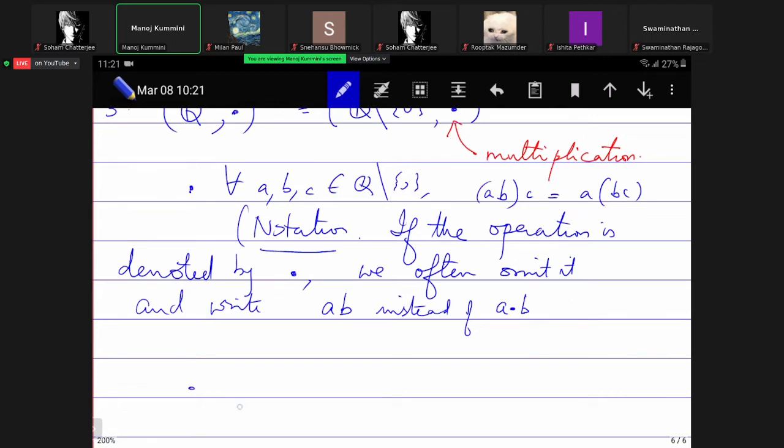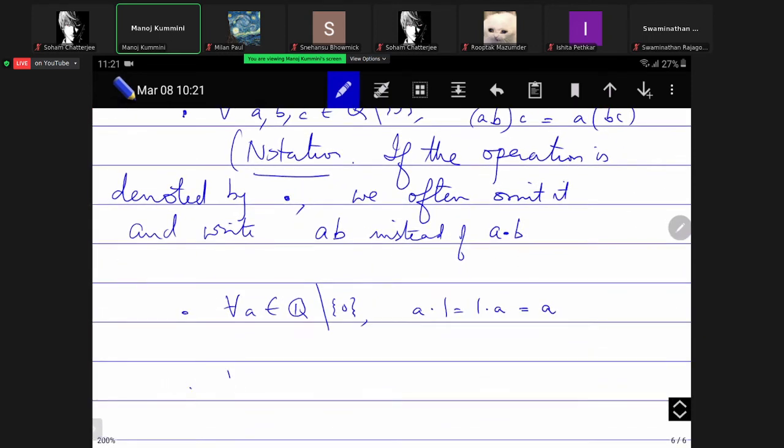Okay. Now, what is the identity element? For all A inside Q, but not 0, A times 1 is 1 times A, this is A. And for all A inside Q, but not 0, there exists B inside Q, but not 0, such that A times B is B times A is 1.